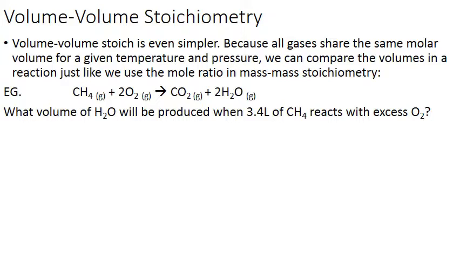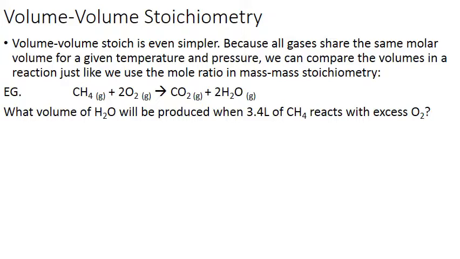Last but not least, but in some respects actually simpler, we have volume-volume stoichiometry. Niftily, because all gases share the same molar volume for a given temperature, all gas, no matter what it is, be it SO2, be it carbon dioxide, be it oxygen gas, be it methane, at SLC will all have a molar volume of 24.5 litres per mole.